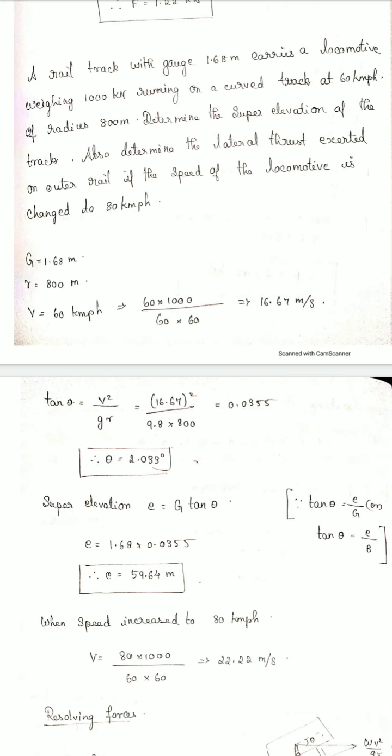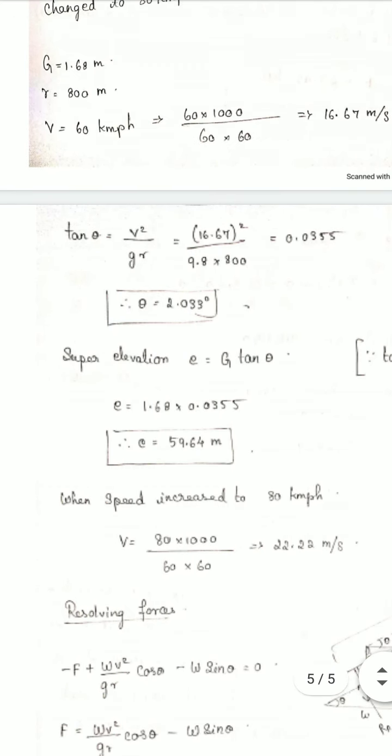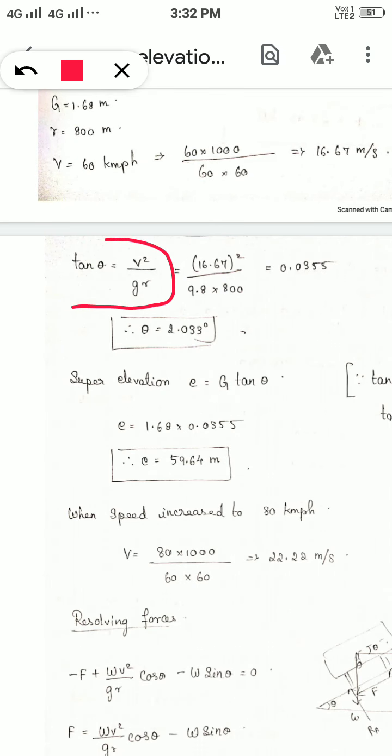As usual, after that you have to calculate tan theta. Tan theta is equal to V square divided by G into R. So substitute your V value, G value and R value to get your theta value, that is 2.033 degree. In this equation, they have given the gauge value as 1.68 meter.